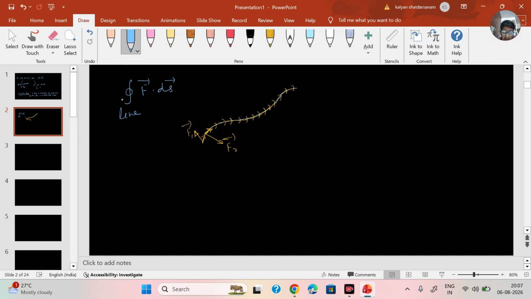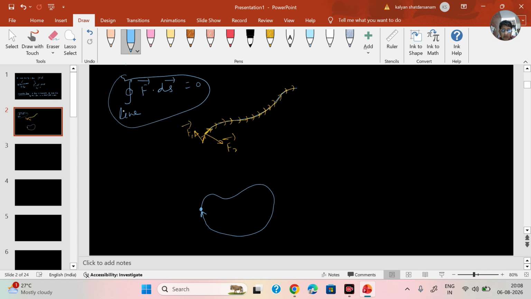If you put a circle on the integral, it means that the path is a closed path. You start from here, go along that path and come back. So that's the line integral along a closed path. Basically, if work done in a closed path is zero, that's a conservative force.